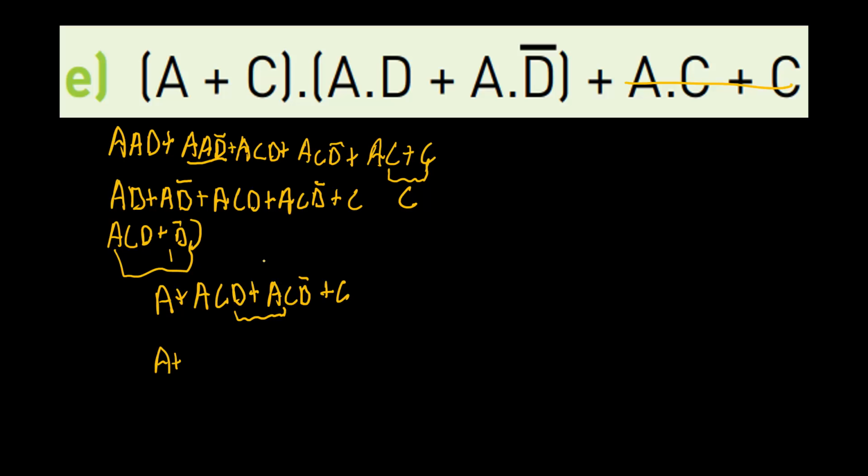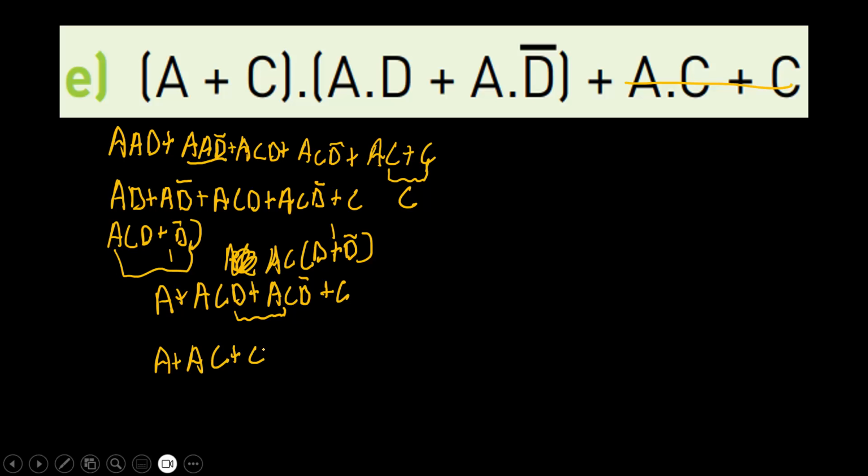They both have AC in common. So if I do AC or AC distributed to D or not D, that comes out to just AC or C.